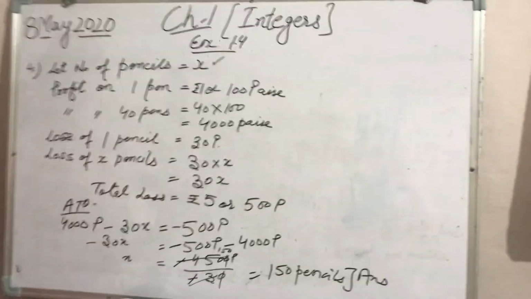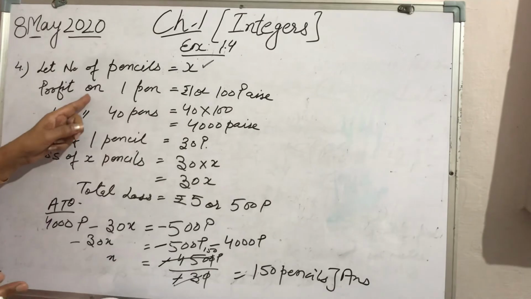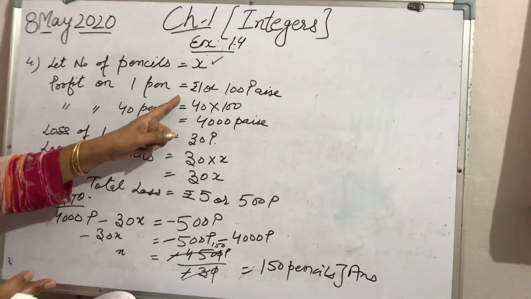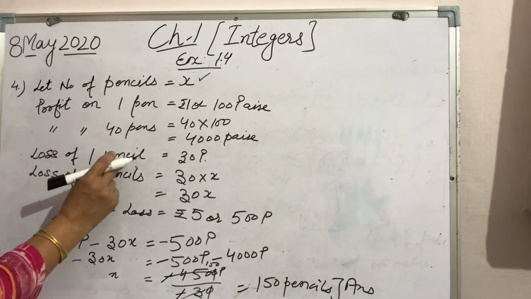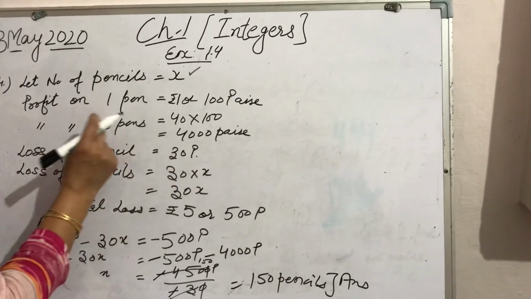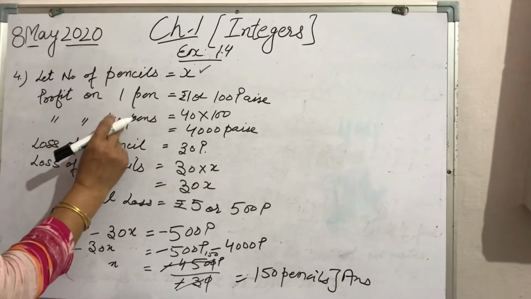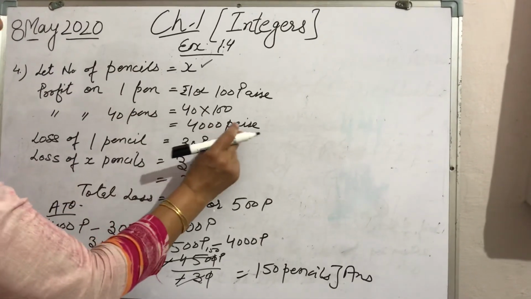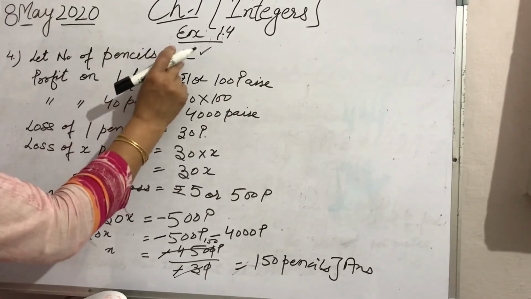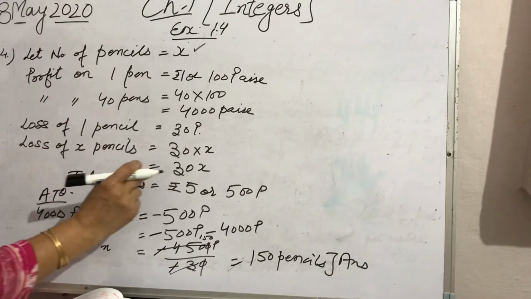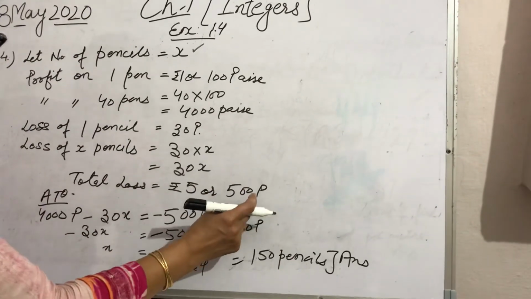Let me explain it again. What is given in this question? It is given that the profit on one pen is 1 rupee, and the loss on one pencil is 30 pies. The person has sold 40 pens. That's why the profit on 40 pens is 4,000 pies, and the loss on pencils, because the total number of pencils we have is x, is 30x, and the total loss is given as 500 pies.